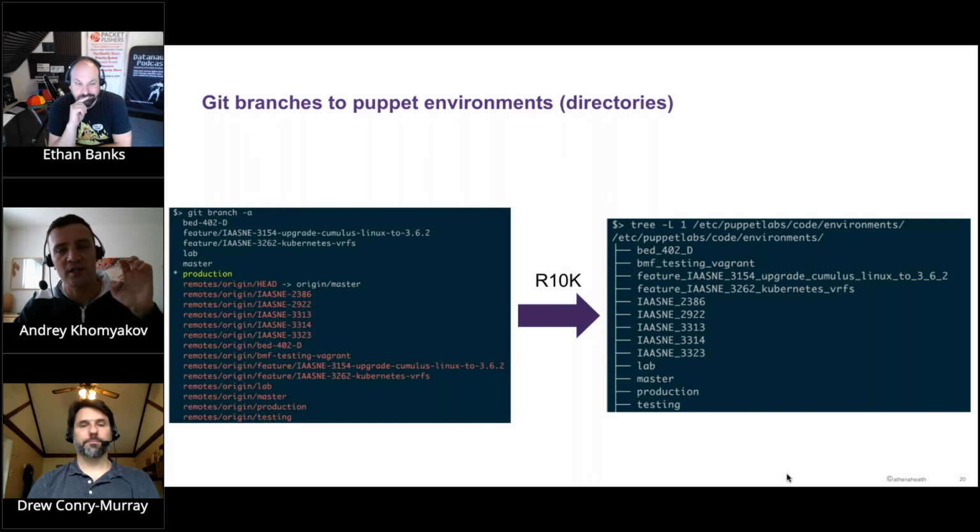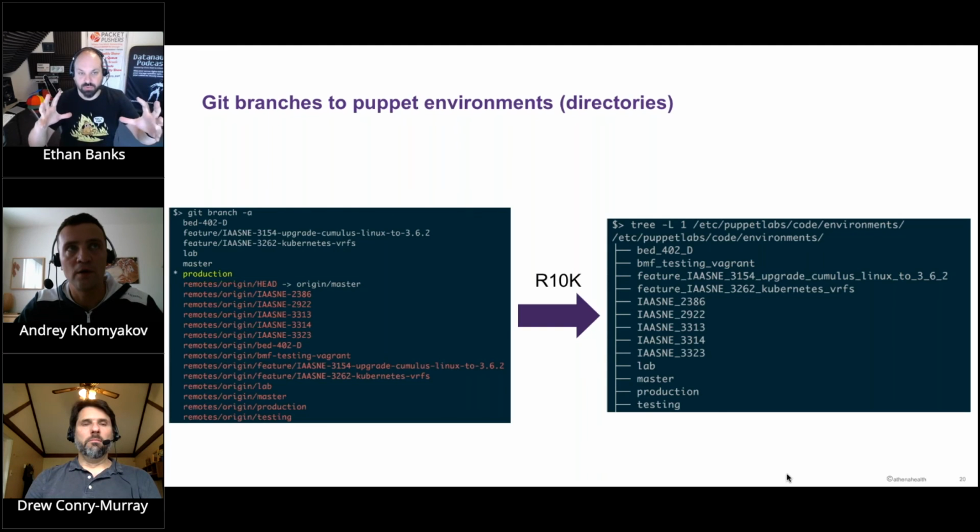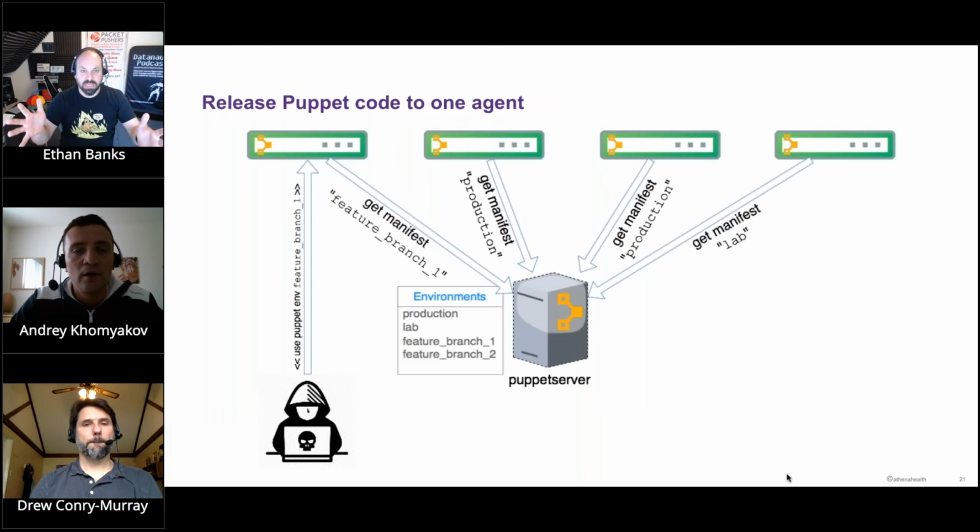All the agents in the testing environment will get that change, but no production agents will. So you leverage environments, put the right devices into the right environment, and you've got a way to still use a central code repository, but control who's getting which changes and see how things go before you push them into production.